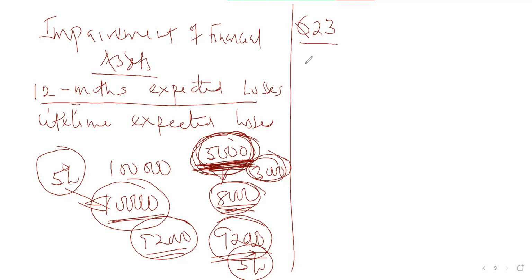The asset credit risk at 31st December 20X1 is low. Required: discuss the accounting treatment of the financial asset at 31st December 20X1.